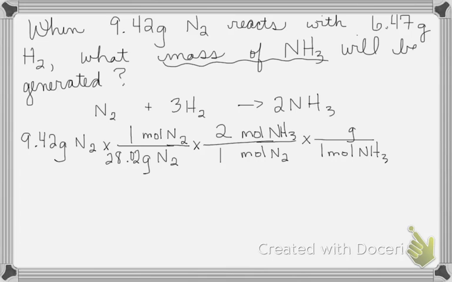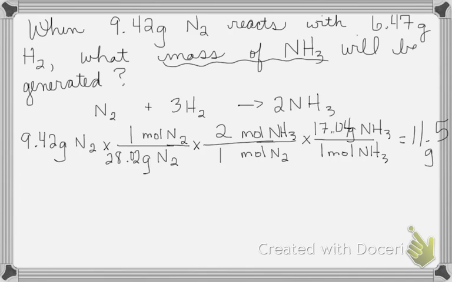Grams of ammonia. And the number I get from the periodic table? 17.04. And then punch that in your calculator. Do y'all get 11.5? Okay.